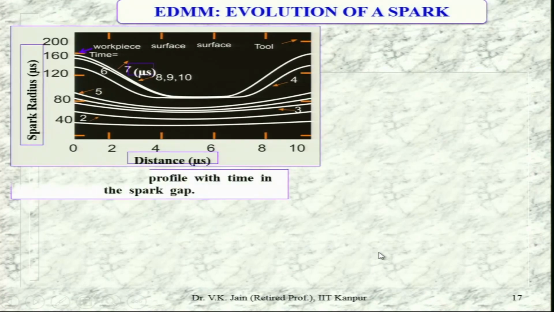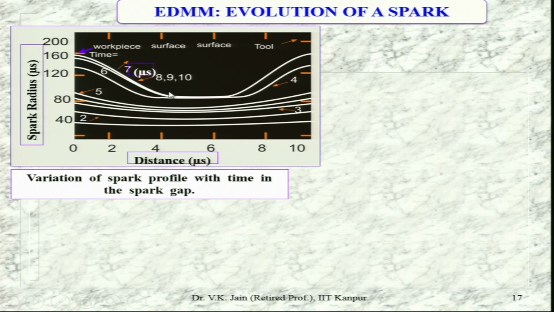Evolution of a spark. Now, this is a very interesting one. This was proposed by Prem Shankar and others, and you can see here the spark radius, and this is the distance. So, how is it varying? You can see at 2 microseconds, and this is at 5 microseconds. With time, the shape of this spark is continuously changing and stabilizes after certain microseconds.